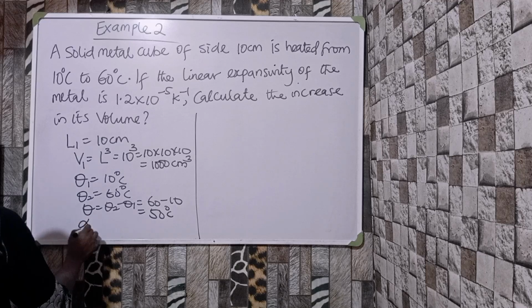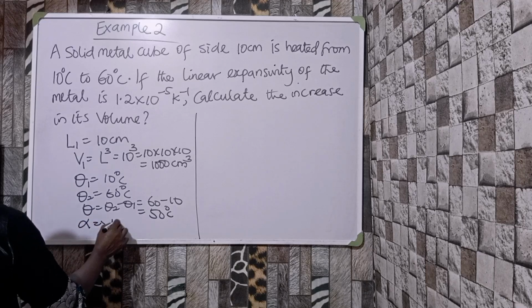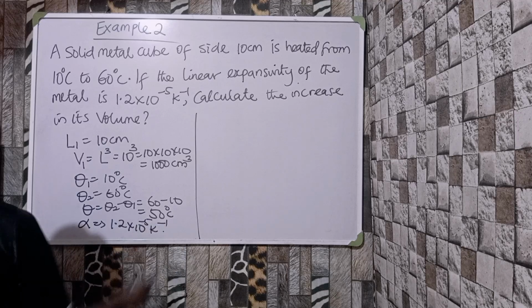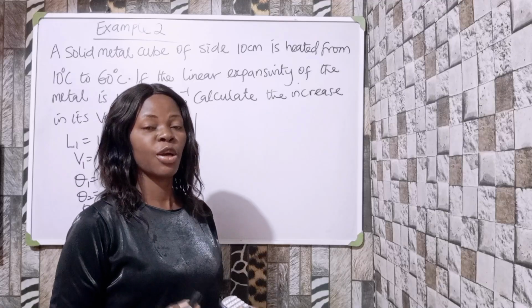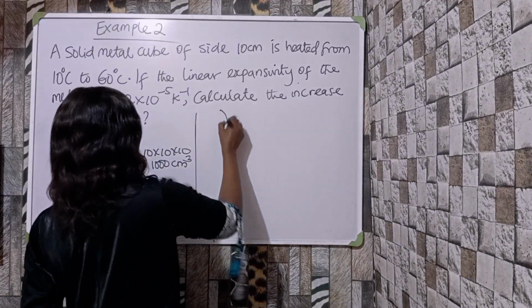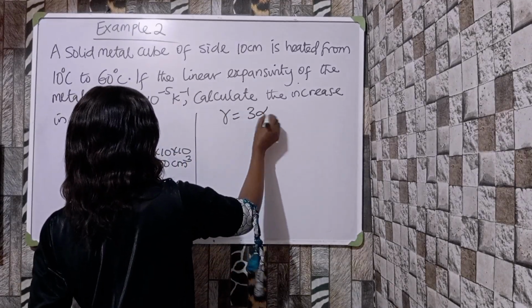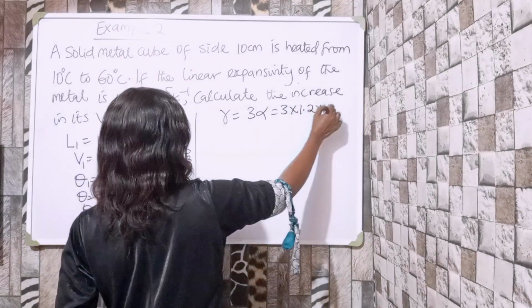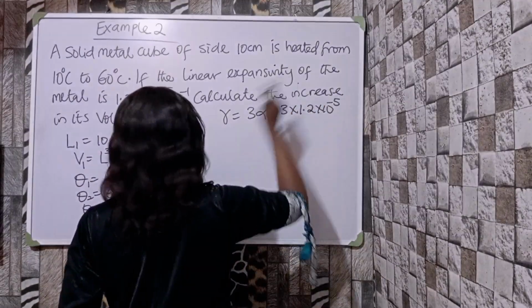Alright, and they gave us alpha to be 1.2 times 10 raised to the power of minus 5 per Kelvin. Remember, we are going to use gamma, not alpha, so we look at the relationship that gamma is equal to 3 alpha, and that is 3 times 1.2 times 10 raised to the power minus 5.